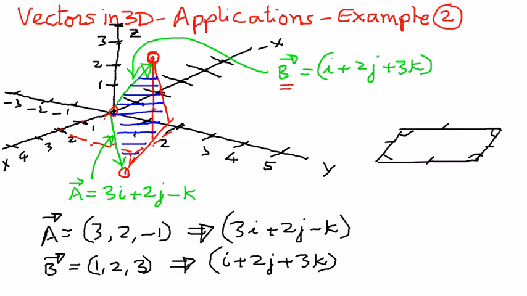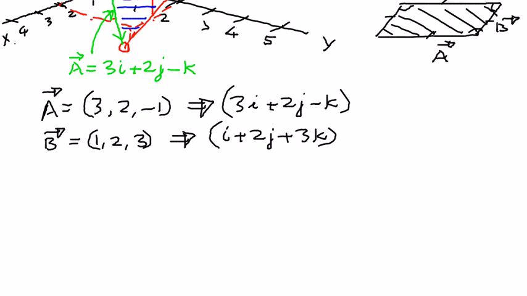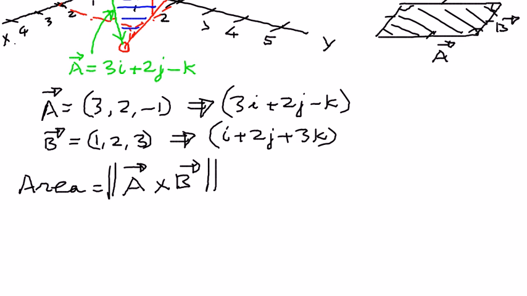We want to find the area of this parallelogram, and the sides of this parallelogram are given to us in terms of vectors as vector A and vector B. From our properties of vectors, we know that the area of a parallelogram is given by vector A cross vector B, and we're going to take the magnitude of that product.